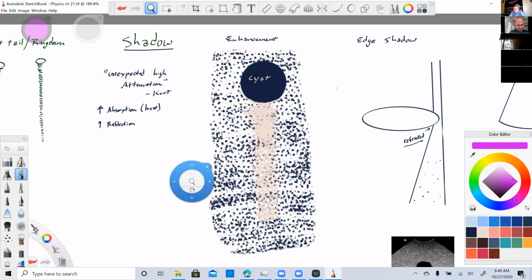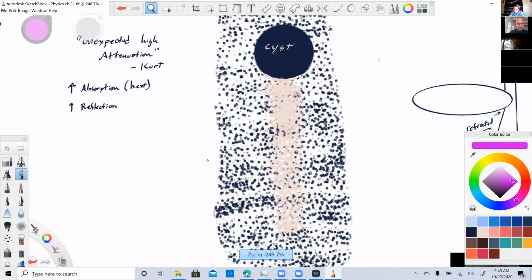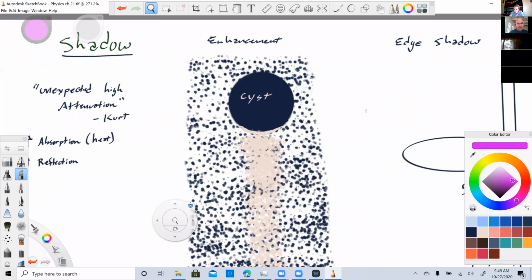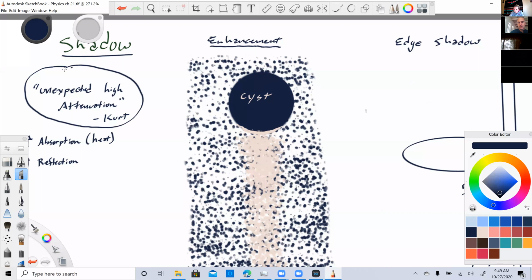I think I moved enhancement up one because it makes a lot of sense to talk about after shadowing, because it's the opposite. A shadow is unexpectedly high attenuation. Enhancement is unexpectedly low attenuation.